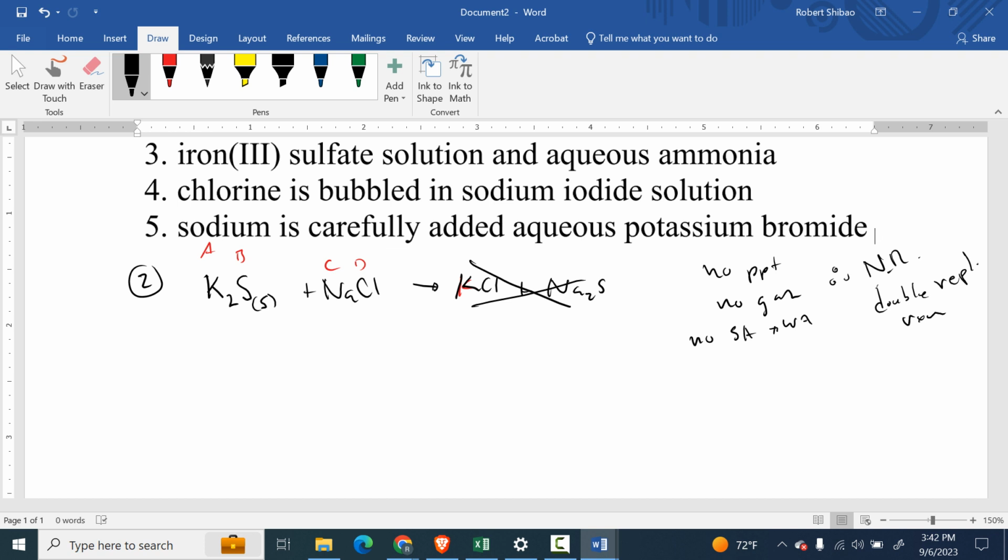We're taking solid potassium sulfide and putting it into a solution of sodium chloride. The solution of sodium chloride consists mostly of water. So if we take our potassium sulfide and dissolve it in water, will it dissolve? Is potassium sulfide soluble or insoluble? It's soluble, group 1 salt.